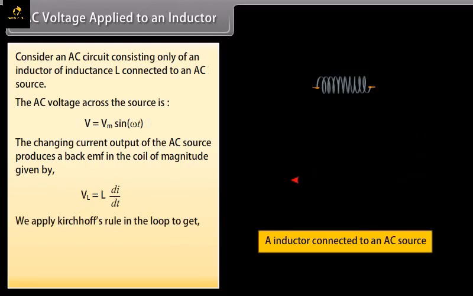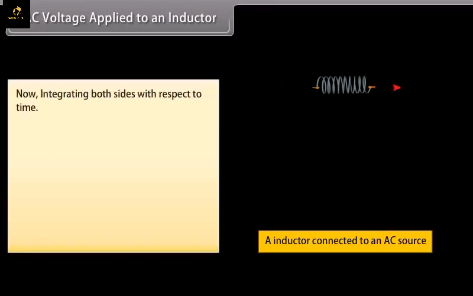We apply Kirchhoff's rule in the loop to get V minus VL is equal to 0. Now put the values in the above equation. dI by dt is equal to Vm upon L multiplied by sin omega t.